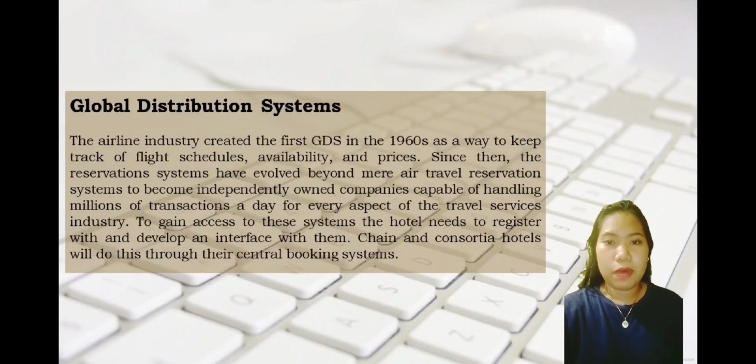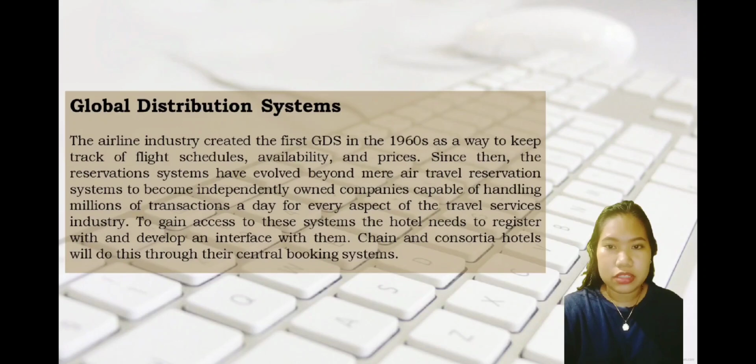What is the Global Distribution System? The airline industry created the first GDS in the 1960s as a way to keep track of flight schedules, availability, and prices. Since then, the reservation systems have evolved beyond mere air travel reservation systems to become independently owned companies capable of handling millions of transactions a day for every aspect of the travel services industry.